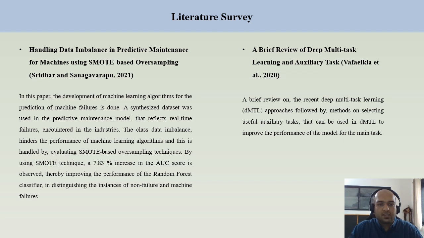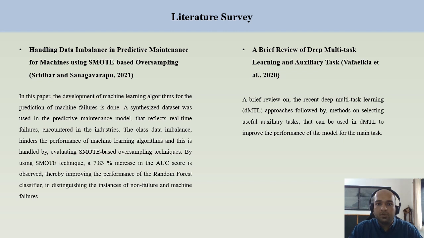The class data imbalance hinders the performance of machine learning algorithms, and this is handled by evaluating the SMOTE-based oversampling technique. By using SMOTE, a 7.83% increase in AUC score is observed, thereby improving the performance of the random forest classifier in distinguishing instances of non-failure and machine failures.